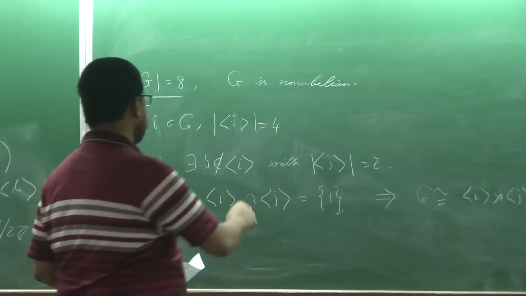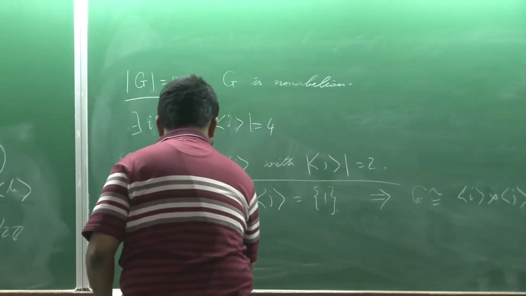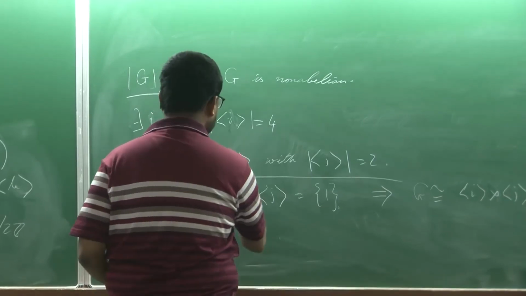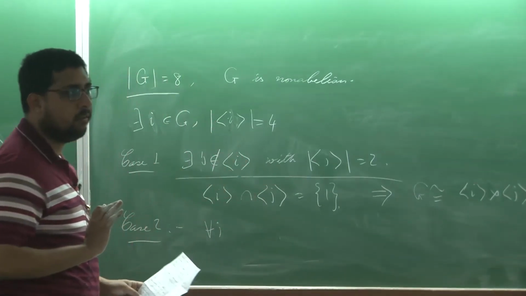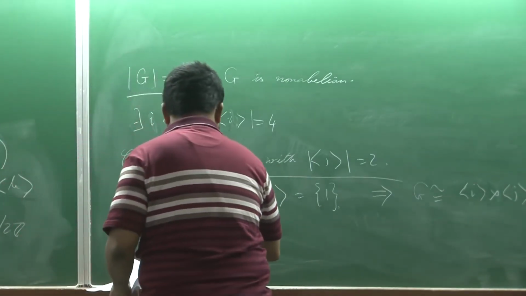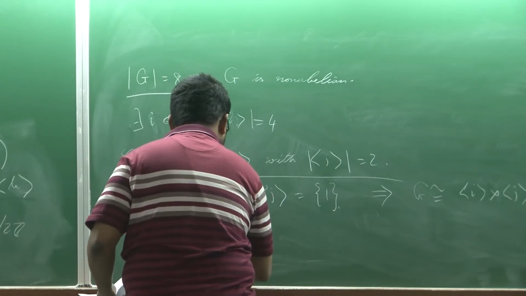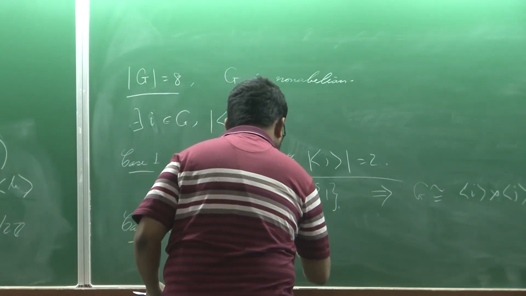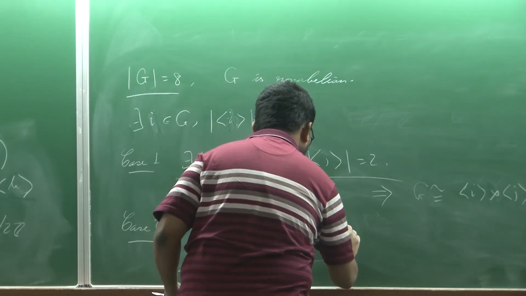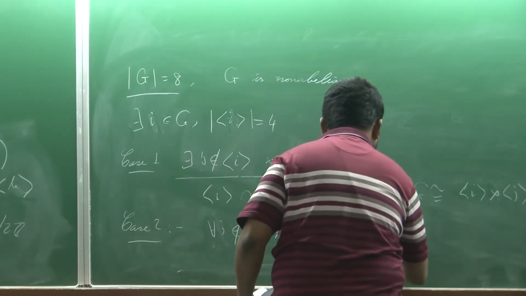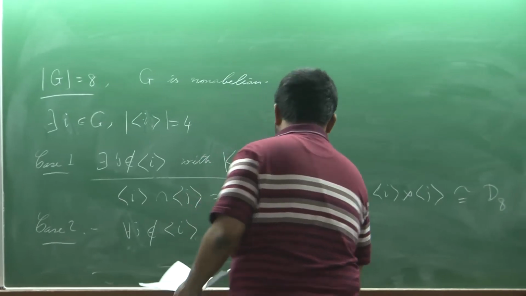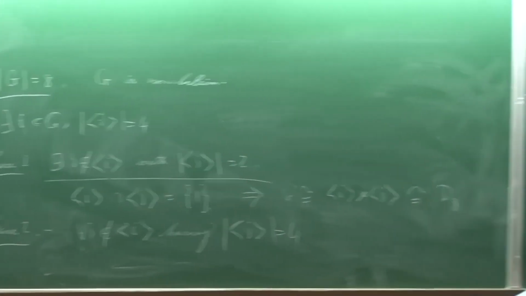The next case is that every j outside this group has order 4. So what do we get in this situation?